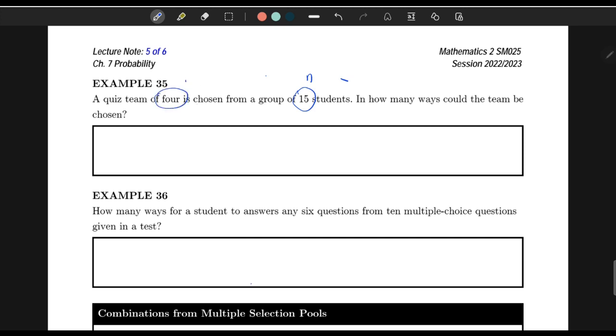So the formula to solve combination is nCr. Therefore, the answer will be 15C4. So, the answer is 1365 ways to choose a team of 4 members from a group.